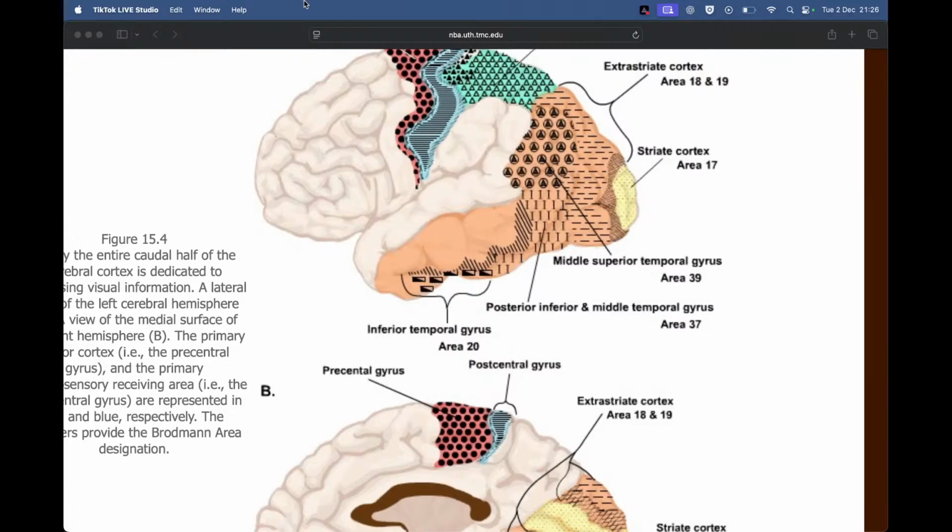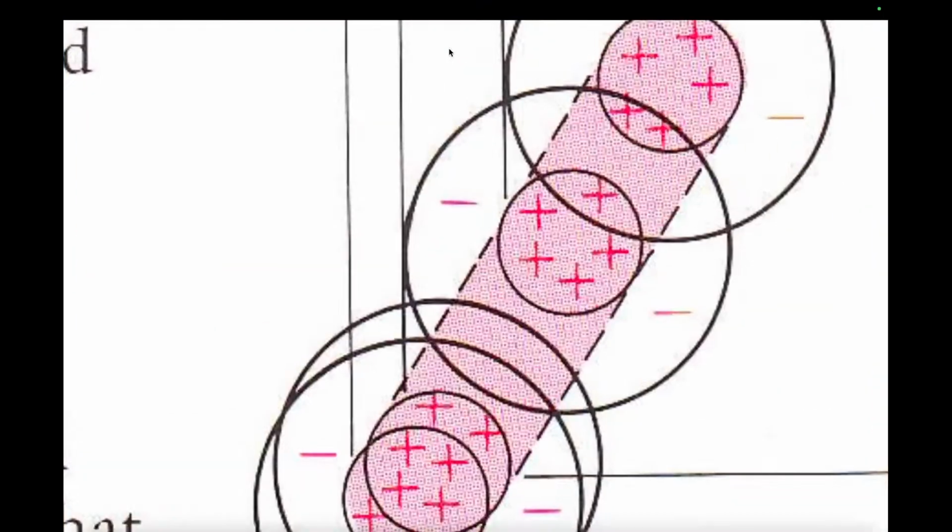Okay, so yeah, these circular regions you can see here, these are where the visual field is, okay? And it's quite fascinating understanding this.